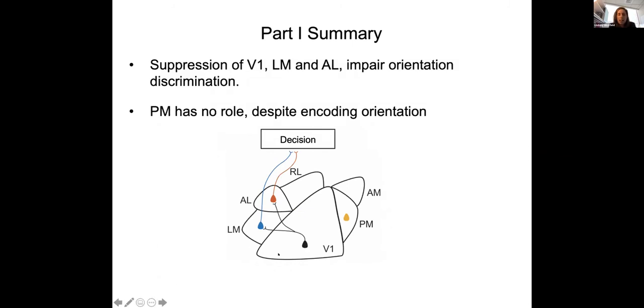It suggests that the information may be taking some kind of pathway like this, for instance, through the higher visual areas. Interestingly, we didn't find any role in this behavior for this area PM, which was surprising given that there is information about the orientation of the visual stimulus encoded in this area.